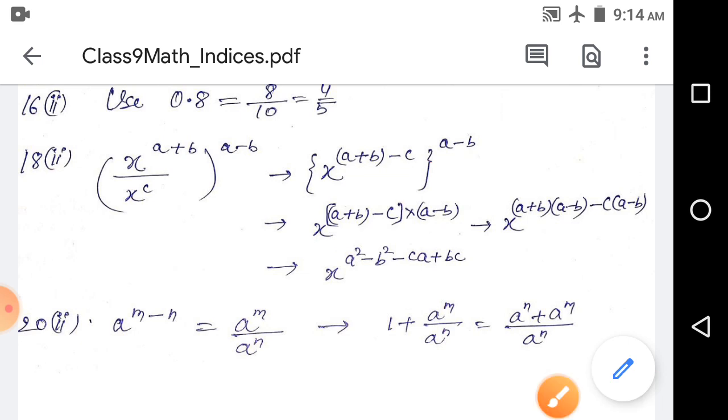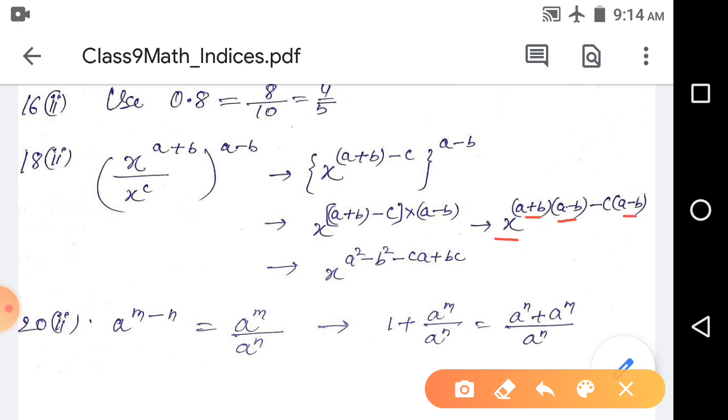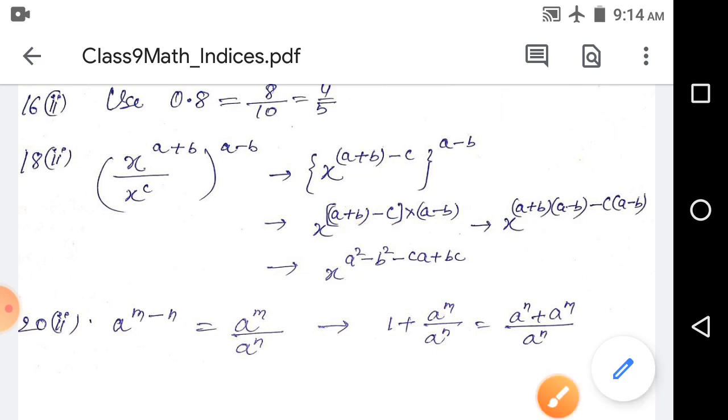Then it is x to the power (a plus b) into (a minus b) minus c into (a minus b), because a minus b is multiplied with both those terms. These two terms can be written as a square minus b square, you all know. So it is x to the power a square minus b square, and for the second term you will get x with some power, and then you will add those powers and you can solve.